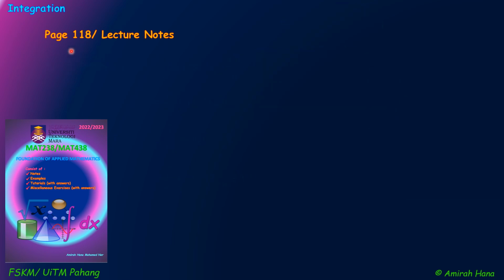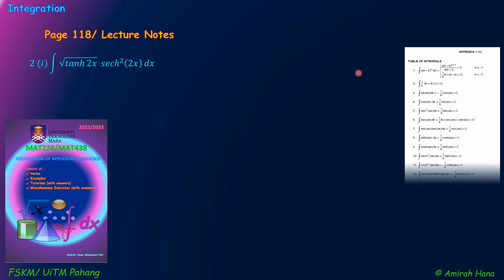Okay, masih lagi kita refer buku yang sama under page 118. Question number 2, Roman 1. Integrate square root of tan 2x sec squared 2x dx. Okay, first macam mana kita nak evaluate integration yang ni? Mula-mula kita refer daripada appendix.